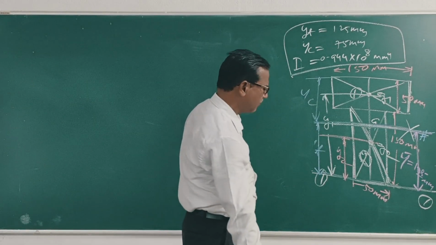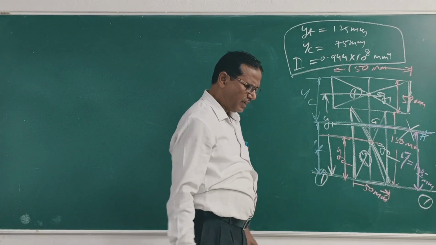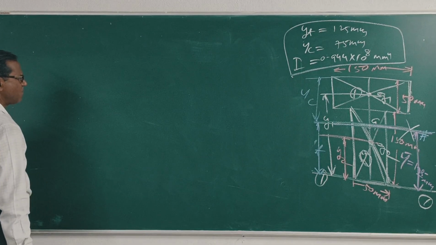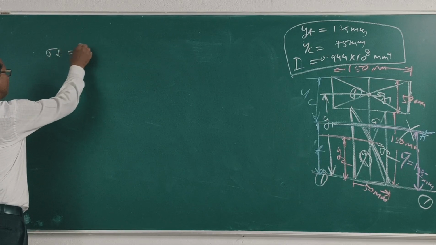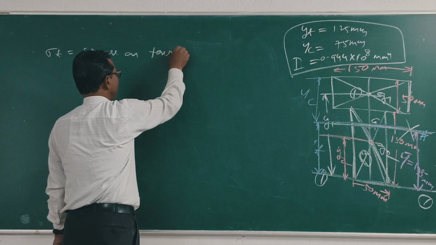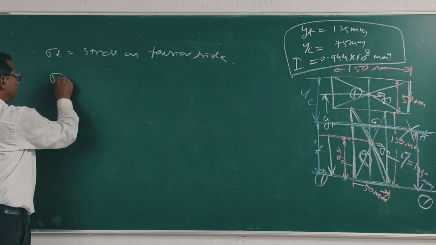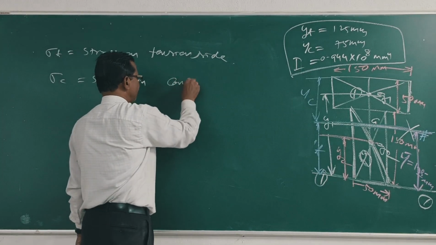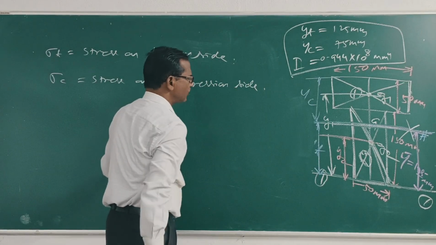Now, we will find out sigma T and sigma C, the stresses. Let sigma T equal the stress on the tension side and sigma C equal the stress on the compression side.